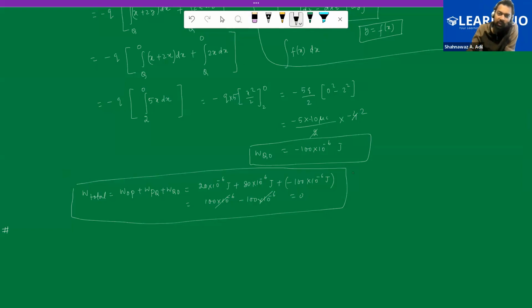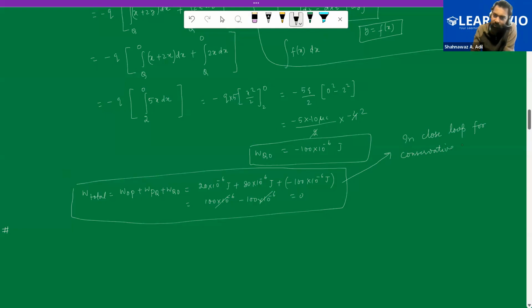Without doing this much calculation, you have just done that in a closed loop for a conservative force, the total work done is 0.